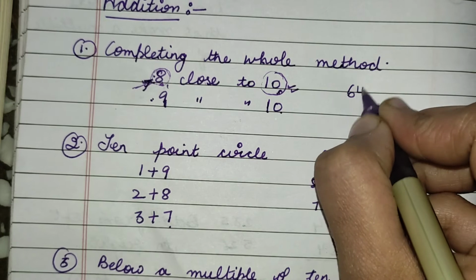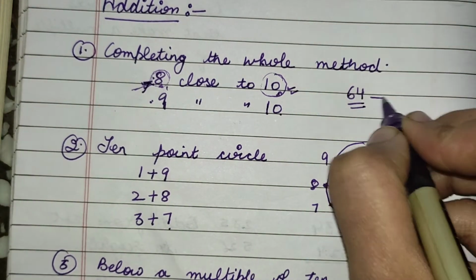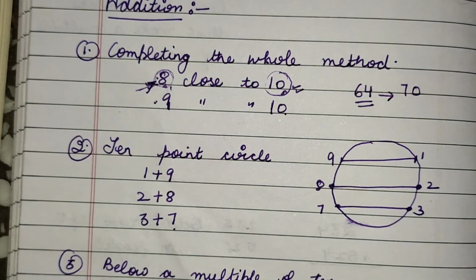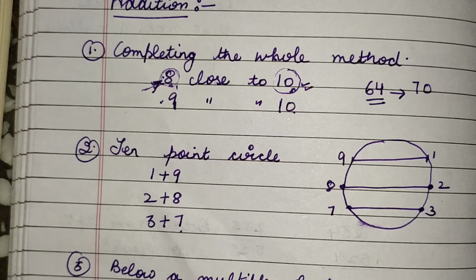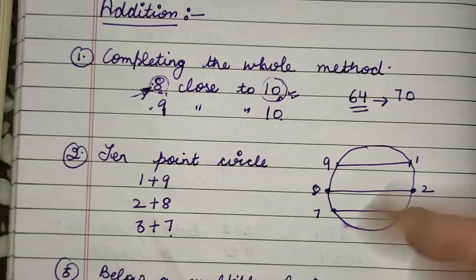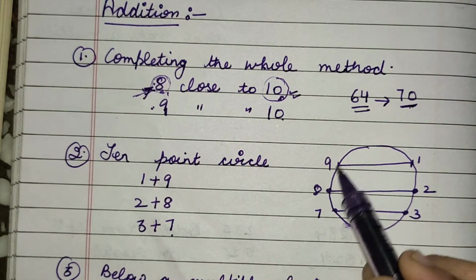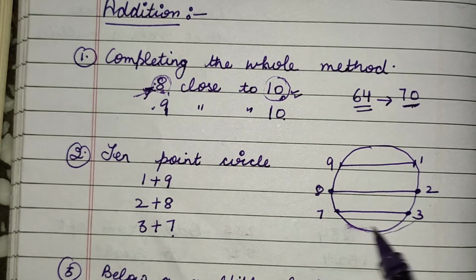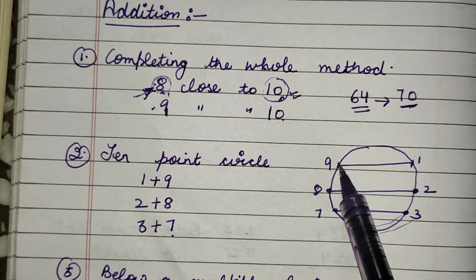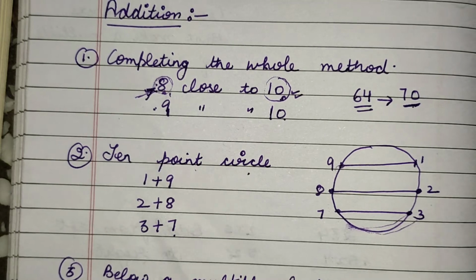Let us suppose I say 64. 64 is closer to what? 64 is closer to 70. After finding which multiple of 10 our given number is closer to, we consider how near it is by using the 10 point circle concept.